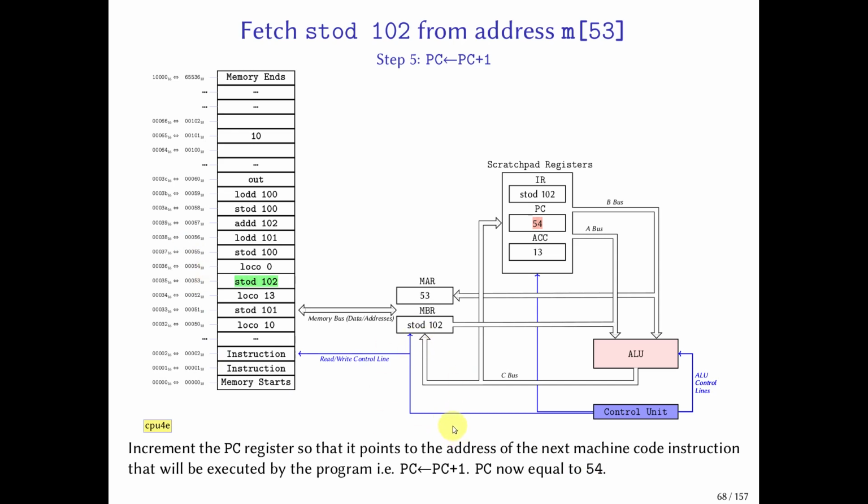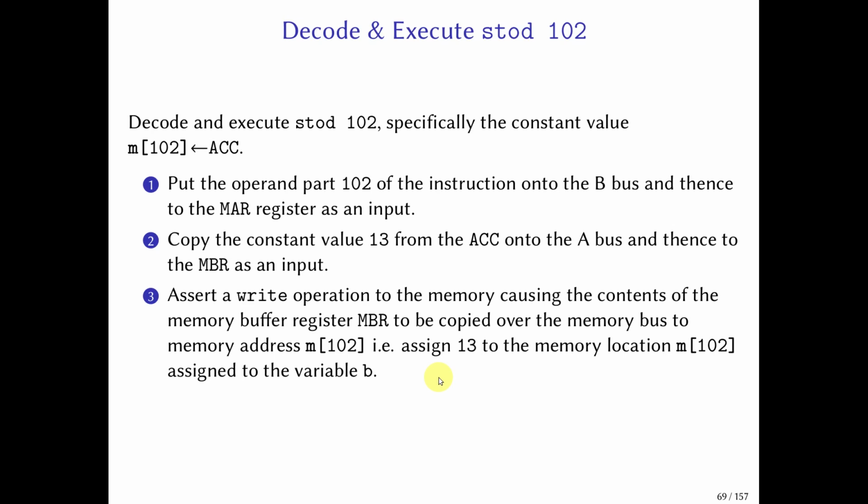That is the fetch part of the fourth instruction. So the decode part is to store the value that's in the accumulator into the memory address 102.